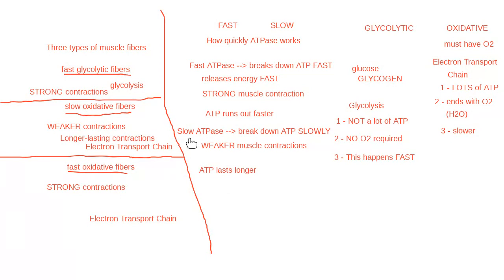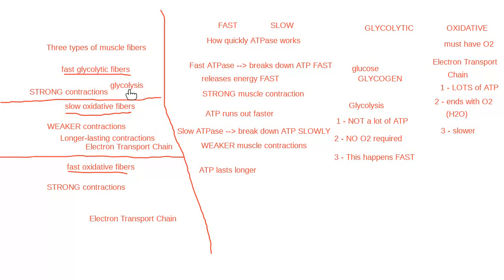So Jacqueline asked the question, so fast glycolytic breaks down energy very quickly. When we're talking about fast glycolytic, fast always means that we break down energy quickly. The glycolytic part tells me how I make my energy, which is glycolysis.